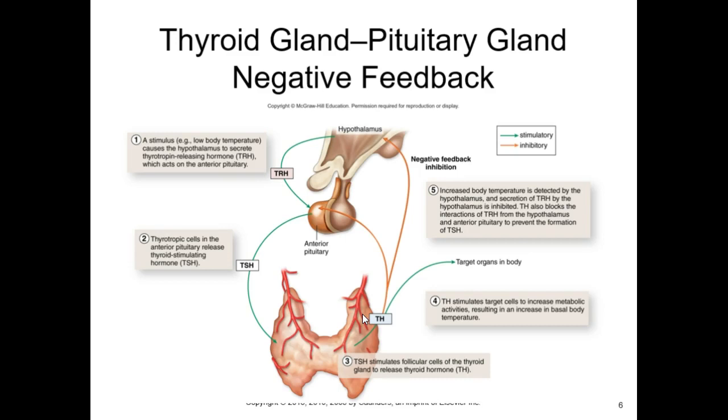Domino effect, absolutely. Okay. So again, elevated thyroid hormone is what's detected by the hypothalamus and pituitary, and that's going to be a negative feedback loop that says stop releasing it. And it's going to be by degrees. So if there's a whole bunch of it, that's a stronger negative feedback loop than if it's only slightly elevated.